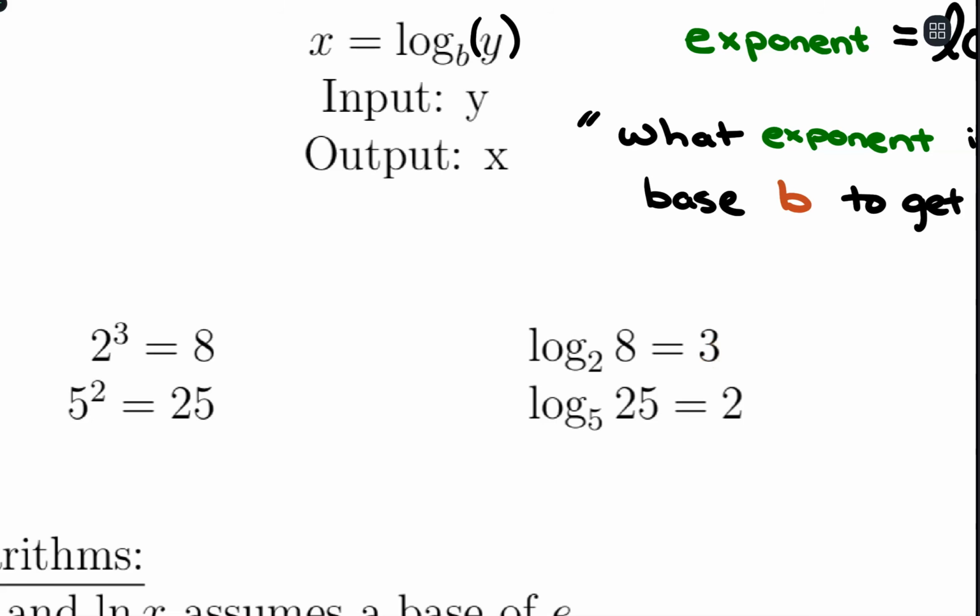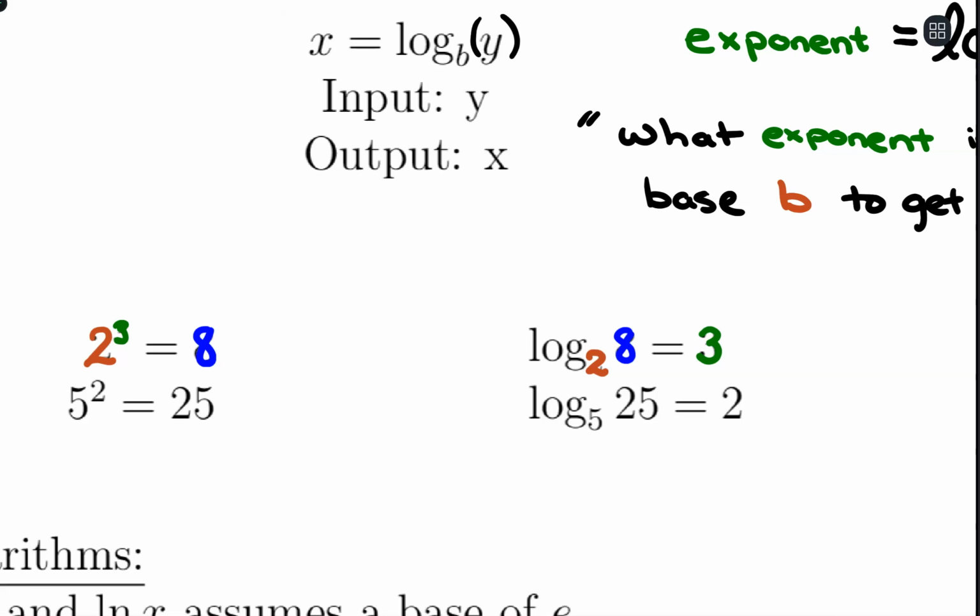So we can follow those pieces where we have that base of 2 that ends up being the base of the logarithm. That exponent of 3 ends up being on one side of the equation, and that value of 8 that came from that calculation of 2 cubed is what's inside our function of that logarithm.